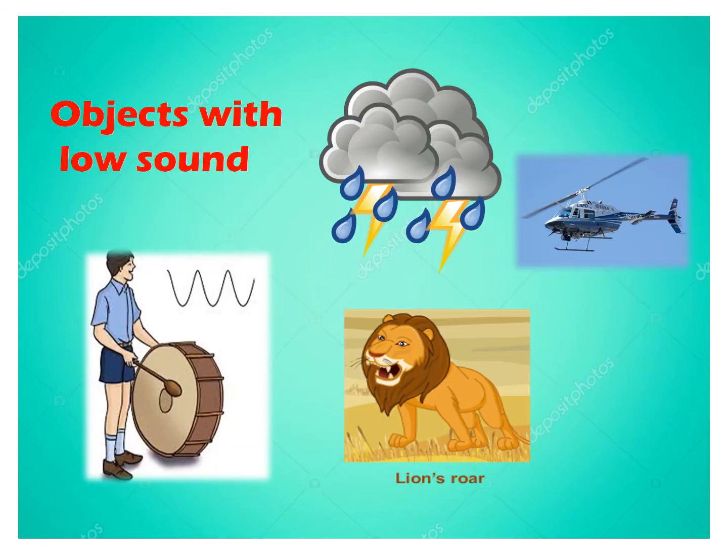Some sounds are low. And what are examples of low sounds? The sound of a big drum, the thunder from far away, the helicopter, and a lion's roar. These are examples of low sounds. Can you try to give other examples of low sounds?